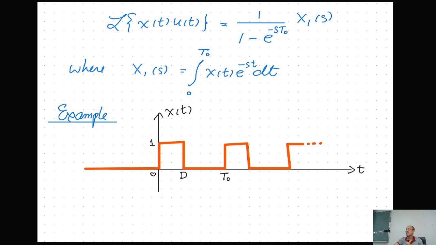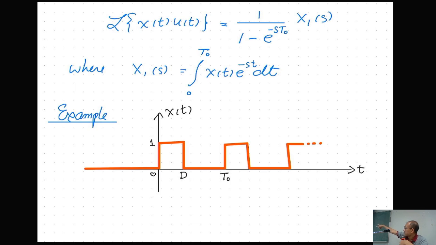Now I want to find the Laplace transform of this signal. If we try the direct method, plugging into the definition of the Laplace transform, you'll find that it is very complicated, almost intractable. But we're going to use this property.